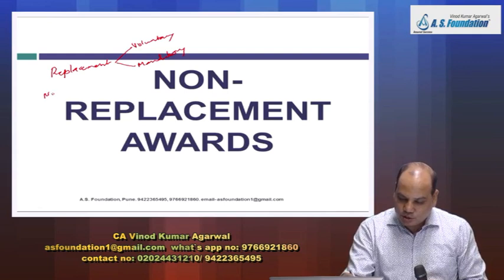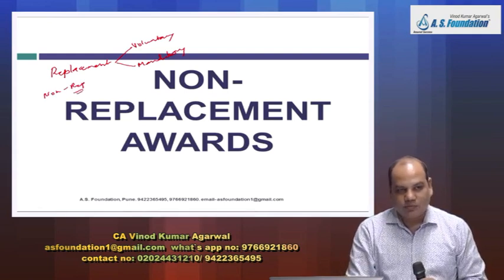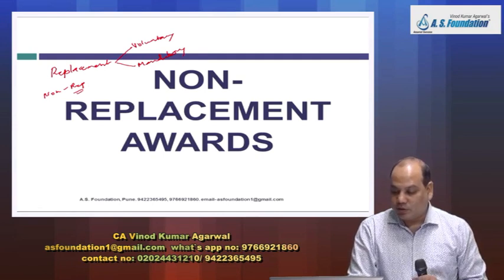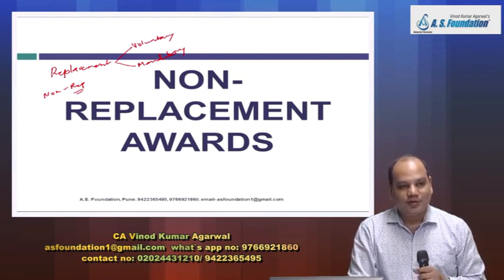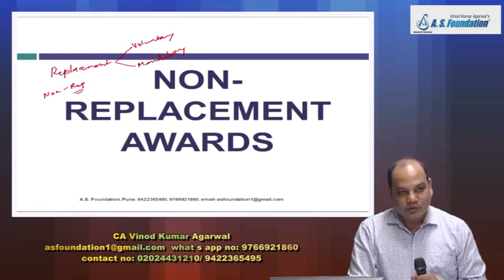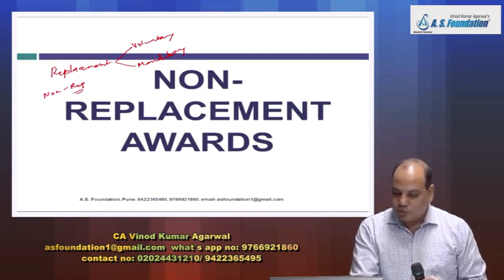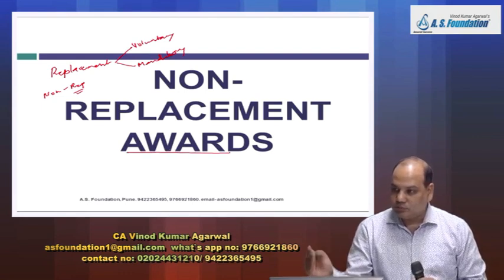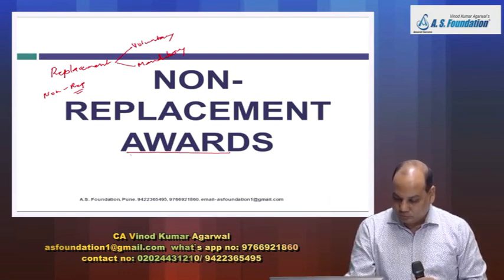Second is non-replacement, which is the current topic. Non-replacement award means we are not going to replace. So who had given the award? The acquiree. So the acquiree will issue shares.